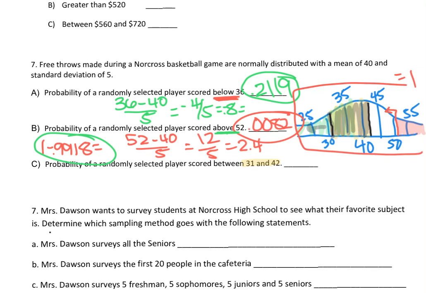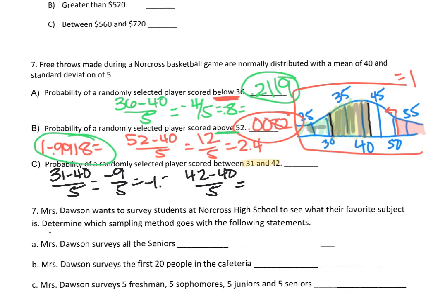So you're going to do a z-score of 31, and then a z-score of 42. So 31 minus 40 is negative 9. Divide that by 5 is negative 1.8. You're going to do the same thing here. So this is 2 divided by 5, which is 0.4.